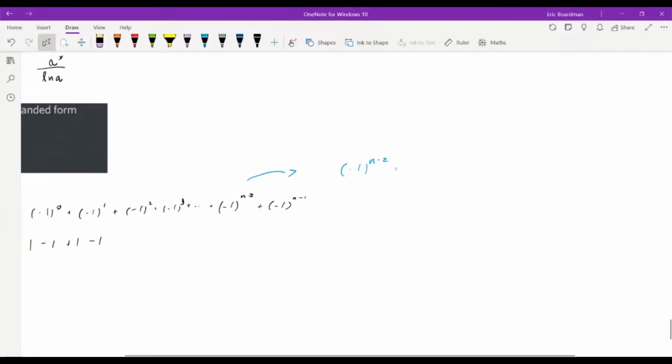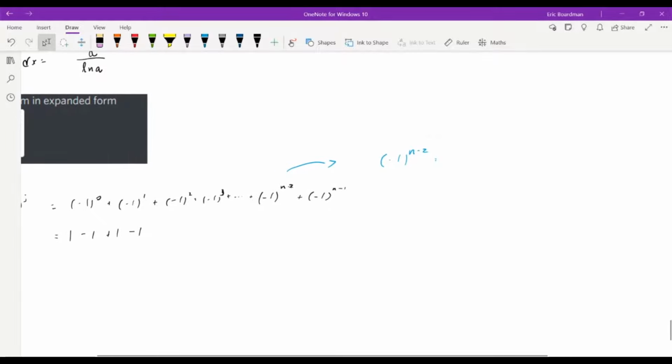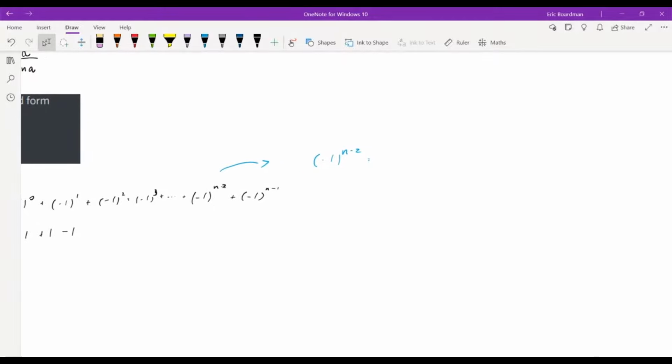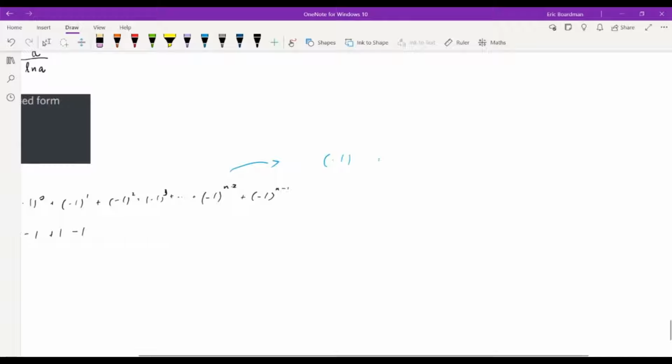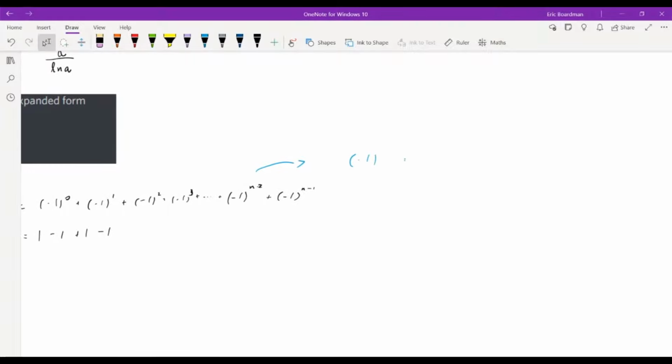I was gonna say that we could do something with this, but no, we can't. You can only do something with this if it's like -1 to the power of 2n, because that's always gonna be even. So that'll just be 1.